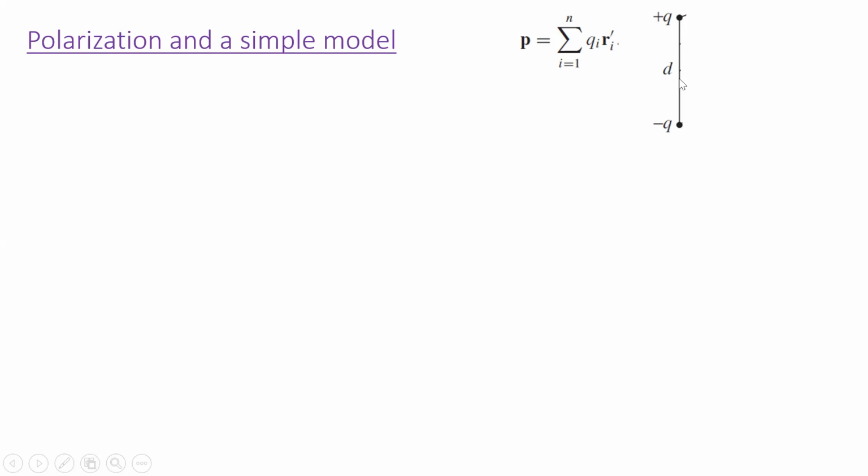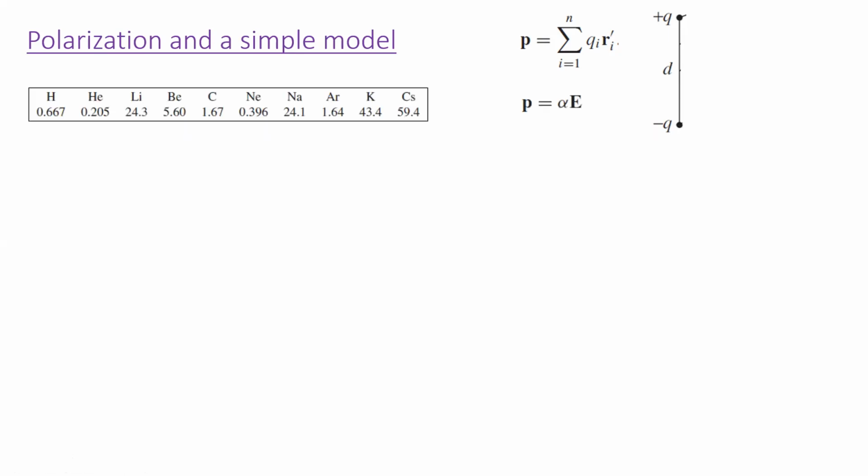So for example, for these two charges here, minus q and plus q separated by a distance d, the dipole would just be d times q over 2 plus d times minus q times minus d over 2. So qd, q times d. Okay, so that's the dipole, this being the pure dipole.